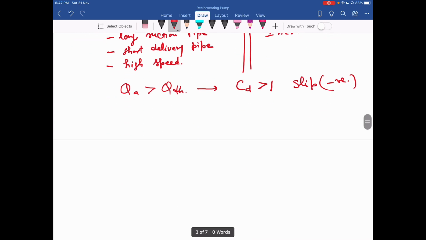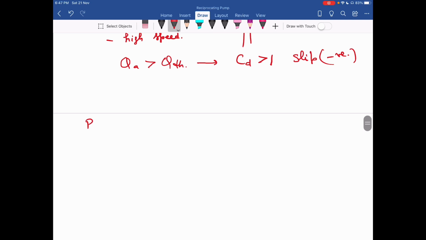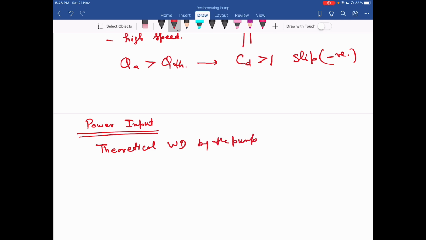Okay. Then the formula for power input to the pump. The theoretical work done by the pump, I can write as W equals rho g into QTH into HST, the static head.